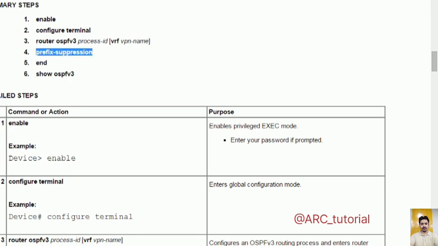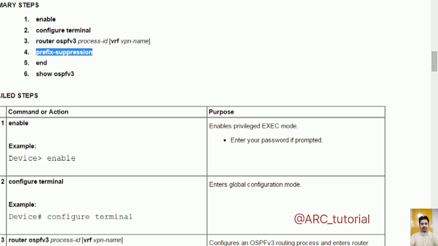But remember that all these features, like graceful restart, graceful shutdown and prefix suppression, can be configured in OSPF version 3 only. Even in OSPF version 3, they have also added one new feature, the creation of address families for IPv6 as well.